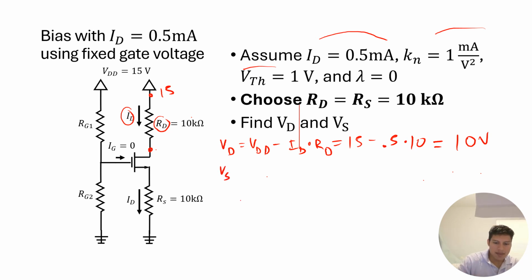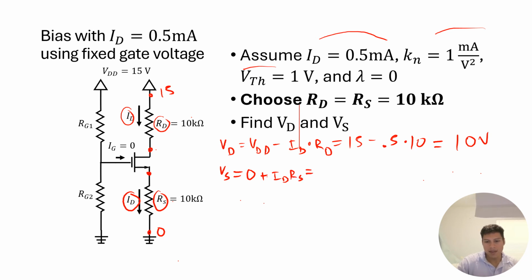For the ground, we have 0 volts here. And we know that the voltage up here will actually be Vs, which is ID times Rs bigger. So it's going to be 0 plus ID times Rs.